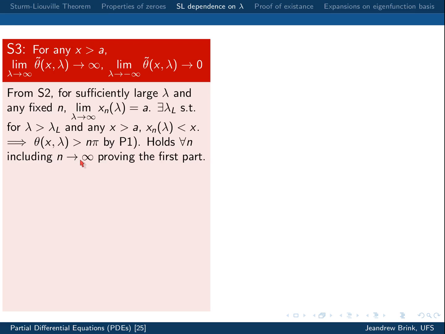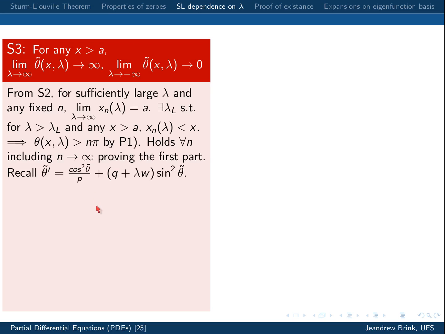Because you've given this explicit expression for the zeros as n goes to infinity, you basically have that theta of x lambda is greater than n pi, and as n goes to infinity, theta of x lambda must also approach infinity. So it's basically just that statement that eventually your fan goes vertical.